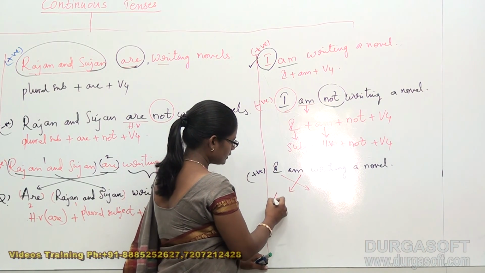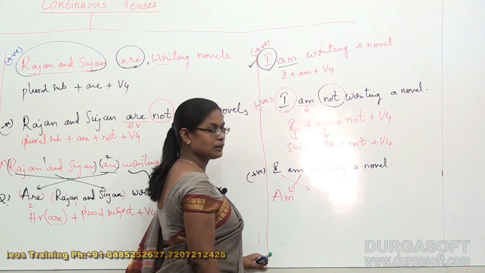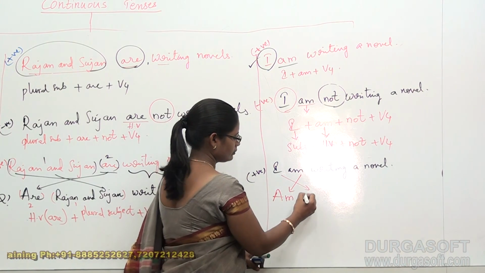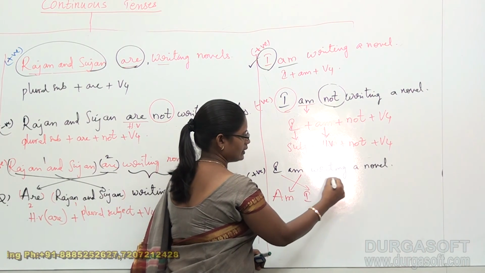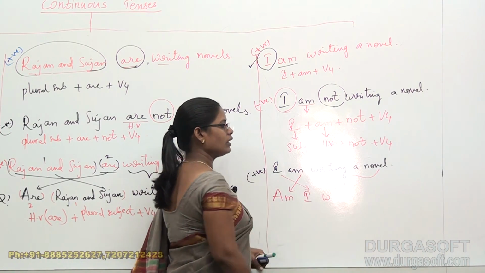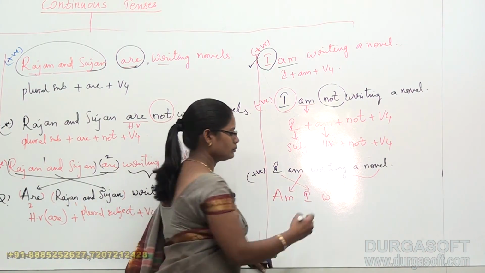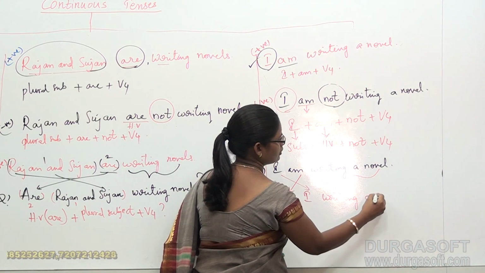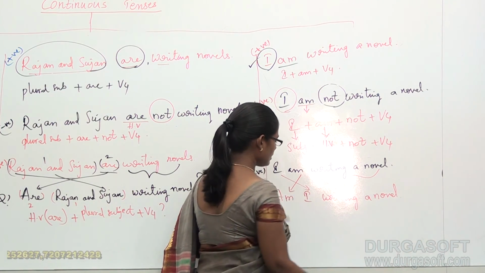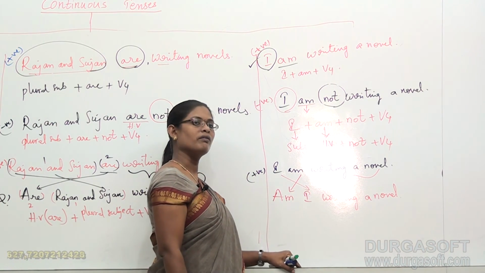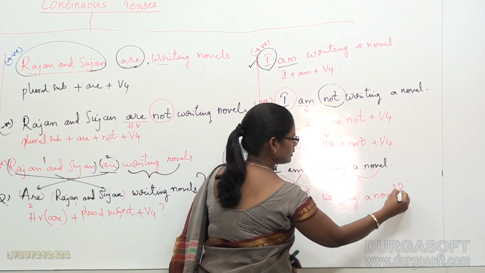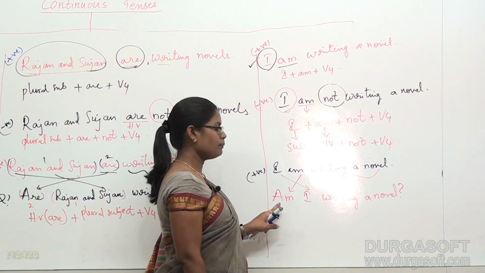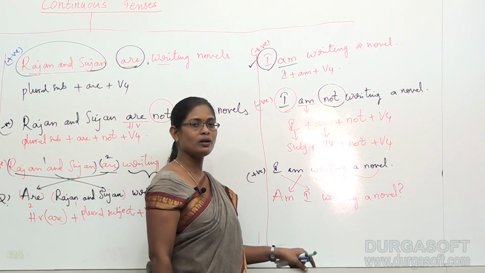So "am" takes the place of the subject and automatically "am" is followed by "I". Am I? Then "writing a novel" as it is, it comes down. Am I writing a novel? When can the sentence become a question? Very good. When a question mark is added to it. It has to end with a question mark. Then it became, Am I writing a novel?